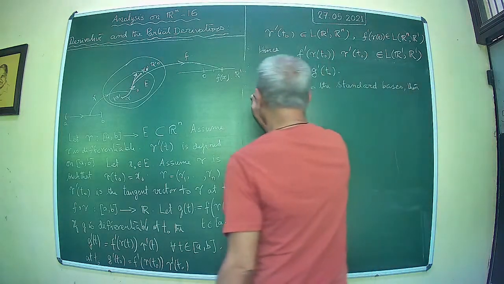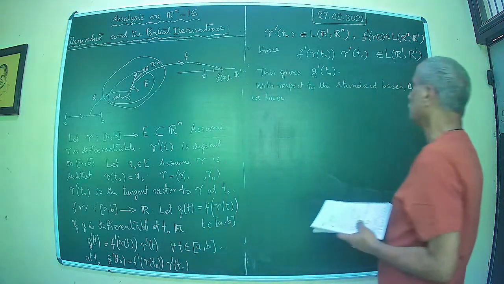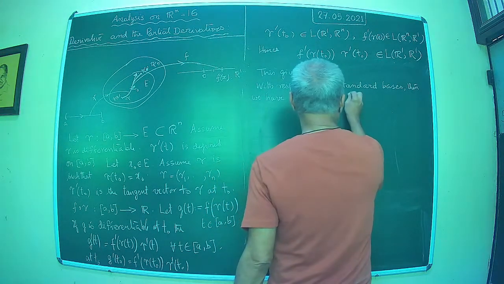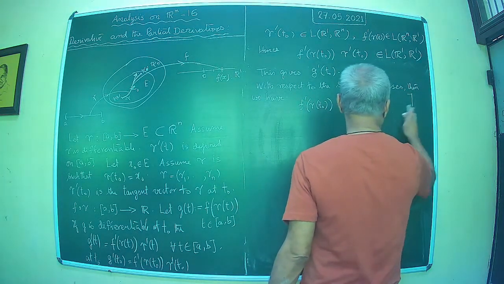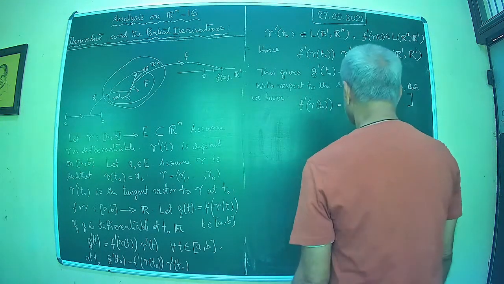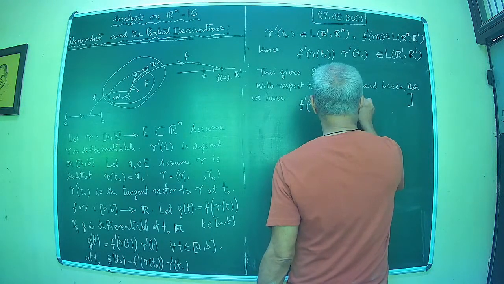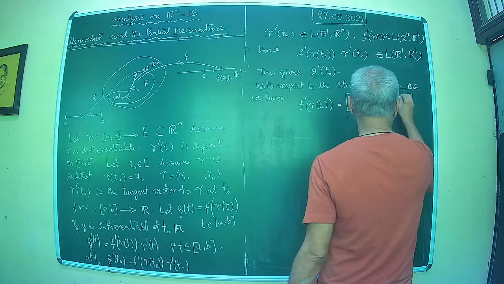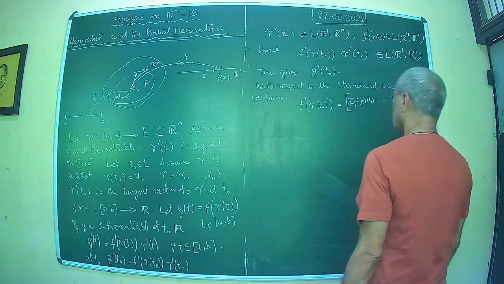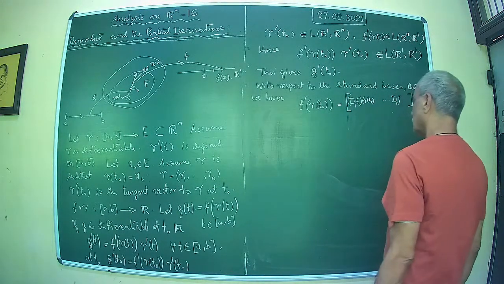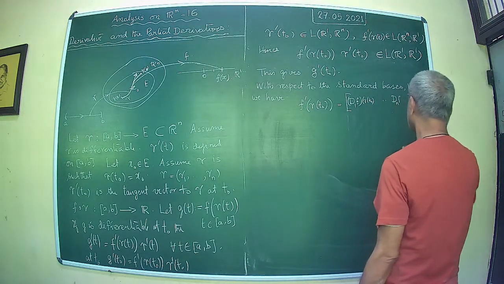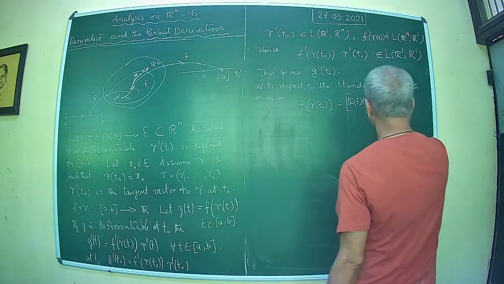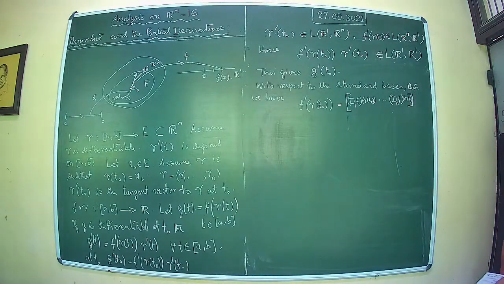Then we have f derivative at gamma t naught is given by the matrix. This is what we have. This is the matrix representation that you get.